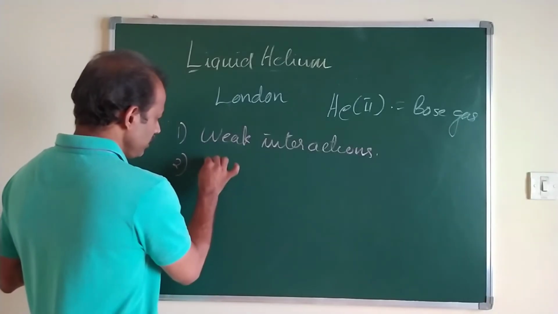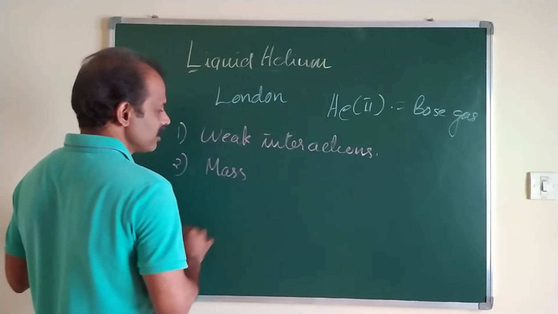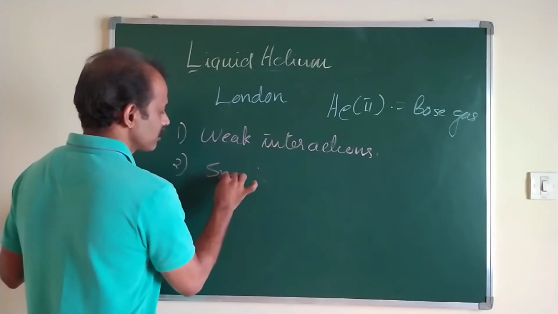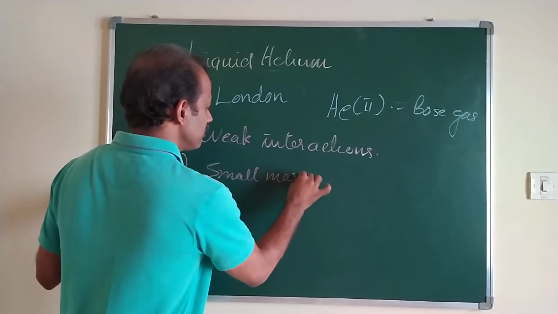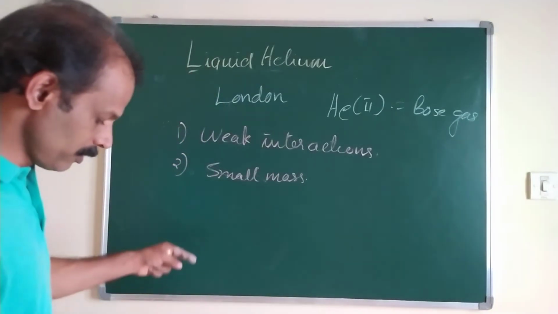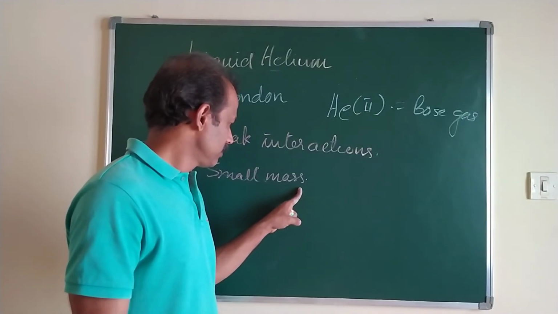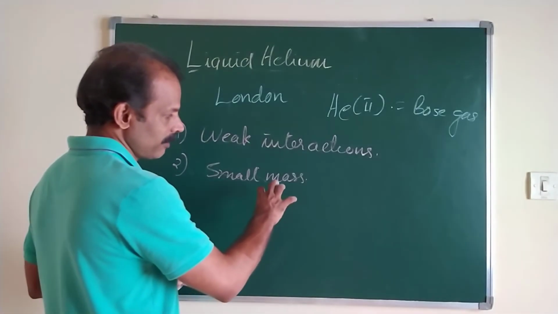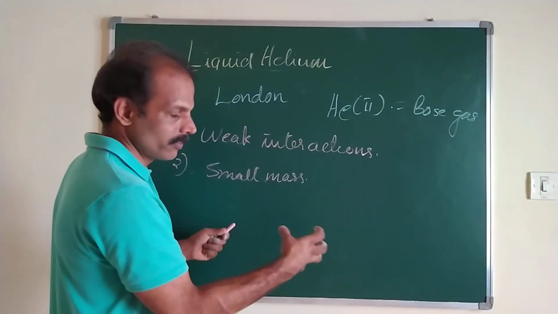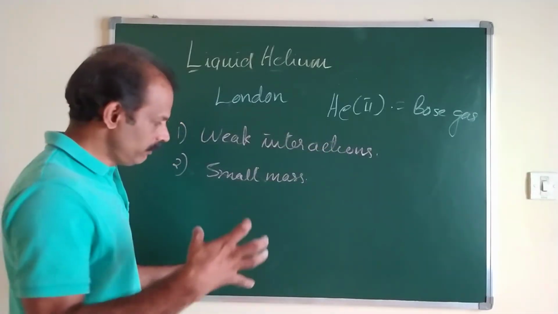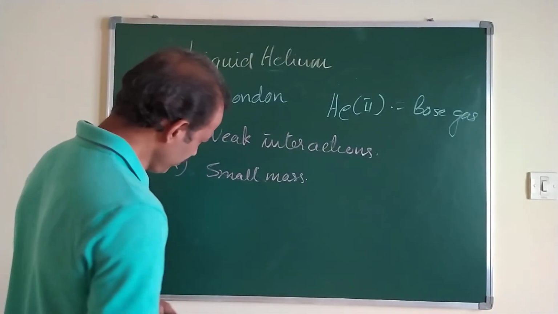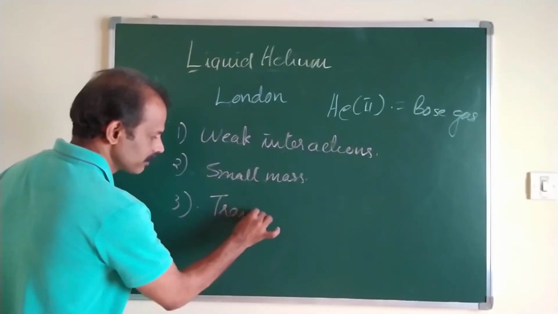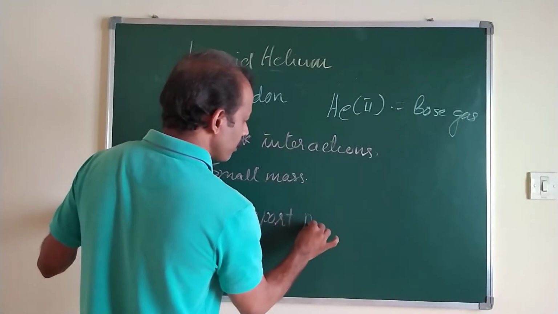Then the small mass of helium is also a reason for superfluidity, right? As the mass decreases, the mobility increases, so without any influence, it can move. So it cannot condense further to the solid phase. Then third, the transport properties.